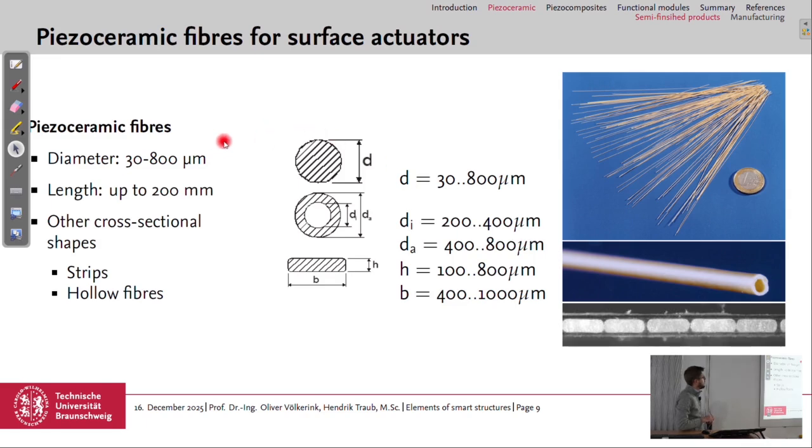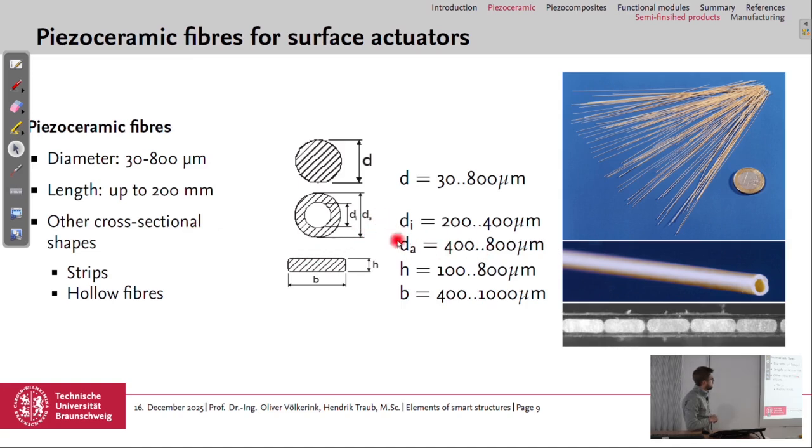Another form of piezoceramic semi-finished products for surface actuators are fibers. We can have round fibers or hollow fibers or strips. Round fibers with diameters between 30 and 800 micrometers, up to 200 millimeters in length.